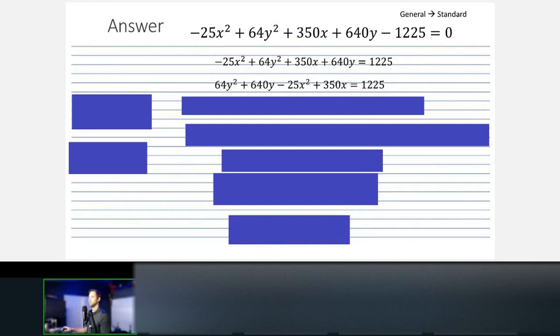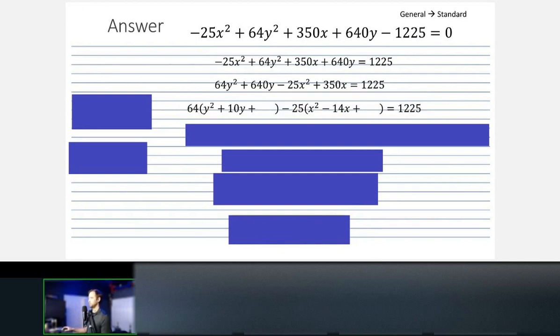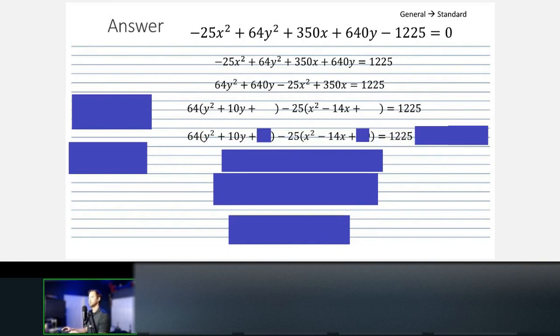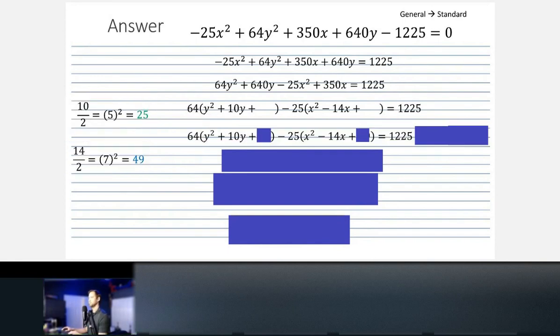All right, then just to quickly run through it, we GCF, we pull out the 64. All of you should have pulled out the negative 25. And then we complete the square. 25 goes here, 49 goes here. What two numbers go here?